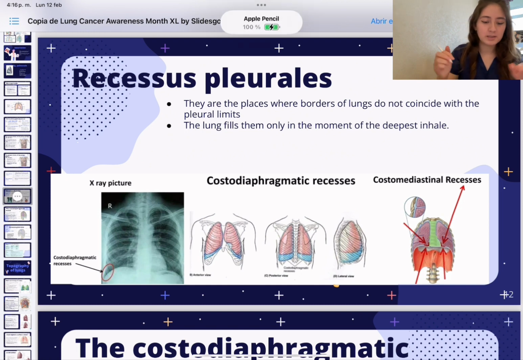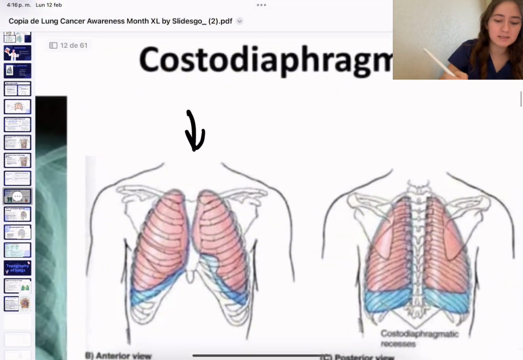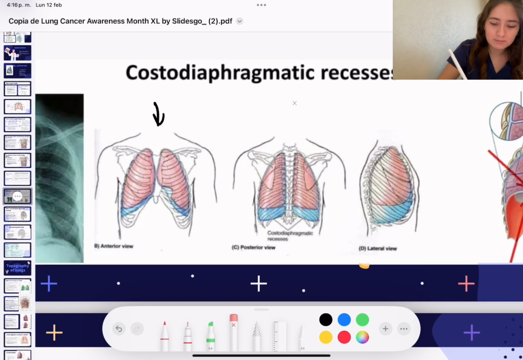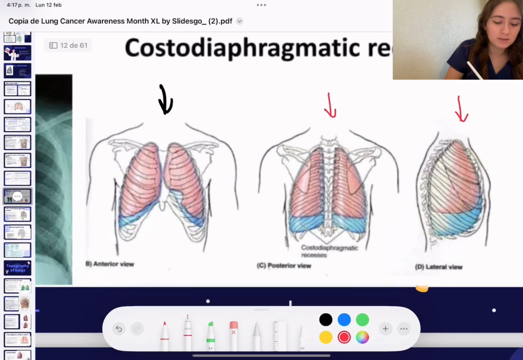We are going to see here the costodiaphragmatic recess in anterior, posterior, and lateral view. We see that it is an almost horizontal recess.